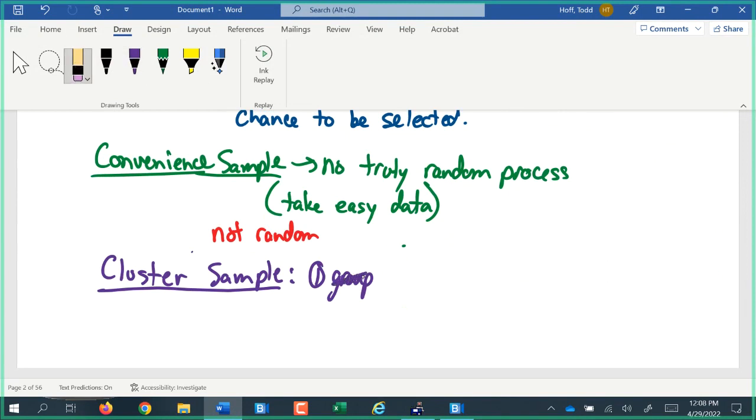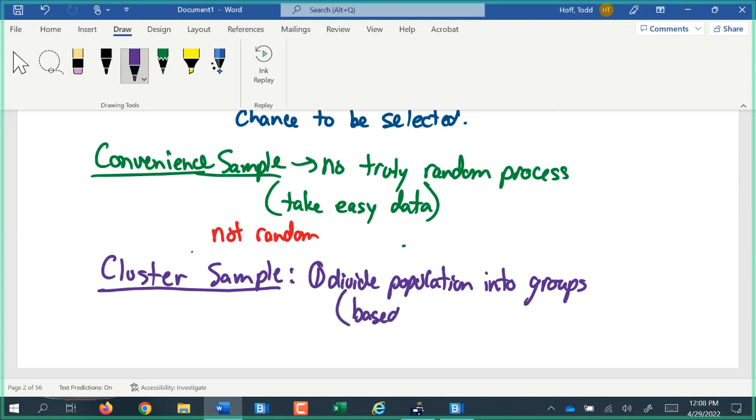I'm going to say we divide the population into groups. But the key here is those groups are based on ease of gathering data. And then we select entire groups to sample.